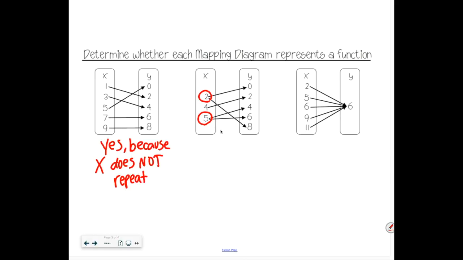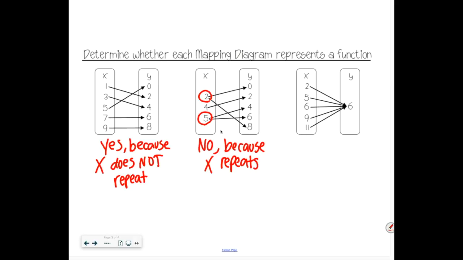So because they repeat, this is not a function. So I'm going to write no, because x repeats. So I can say no because x repeats.